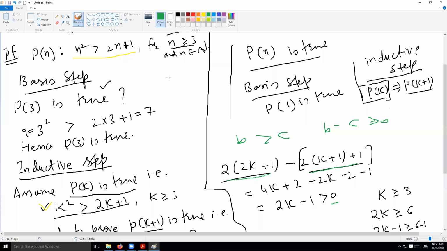So you have to do a lot of such calculations, such proofs in exercise 4.3 and 4.4 and 4.5.